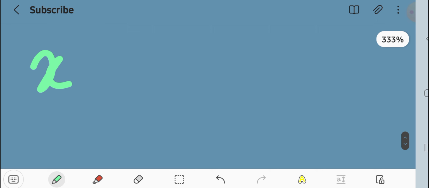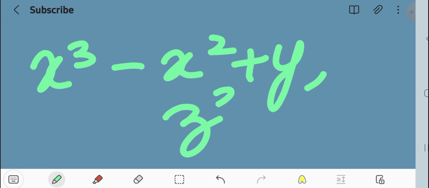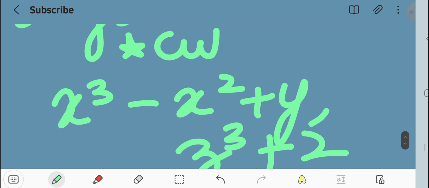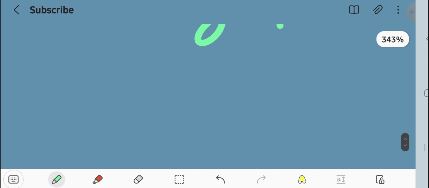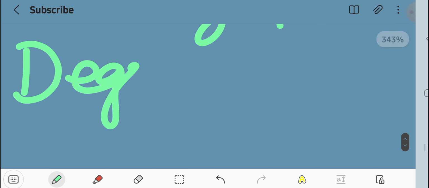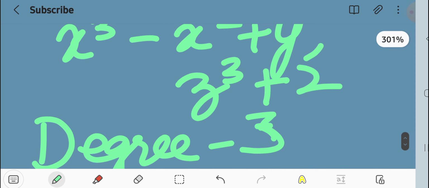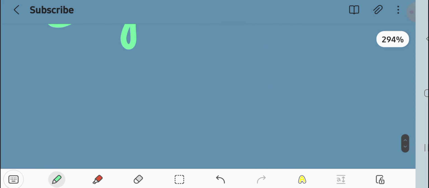Then x cube minus x square plus y, z cube plus 2. These are considered cubic polynomials, which means the degree is 3. You can see x cube or z cube, the degree is 3.